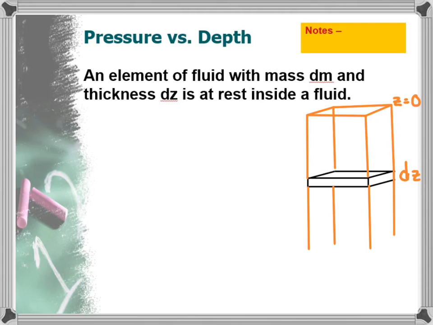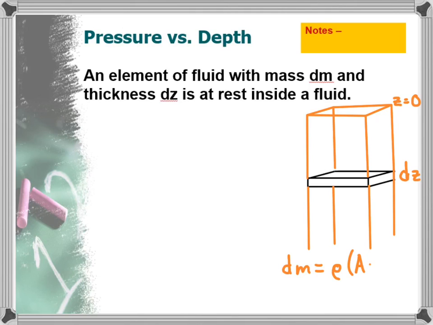So what we're going to do is define a depth. That depth is going to be the variable z, and it's going to have a value of 0 at the very top of the fluid, and then it increases as we go down. So the thickness of this element of fluid is dz. It's an infinitesimal thickness.